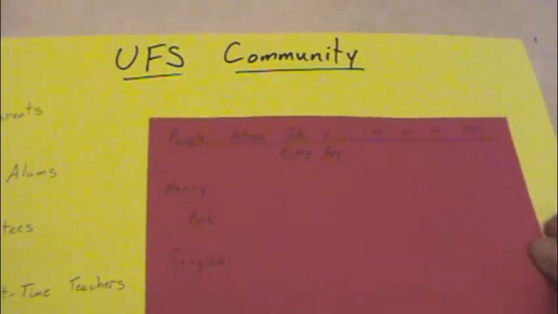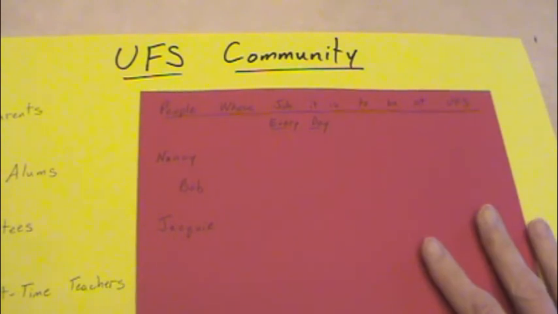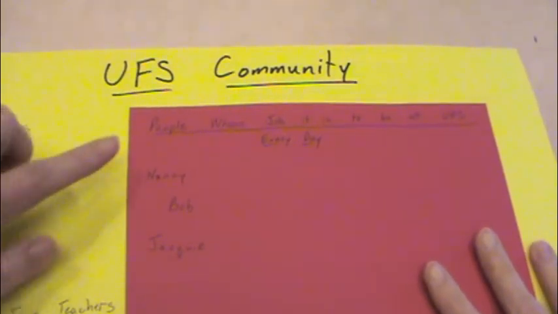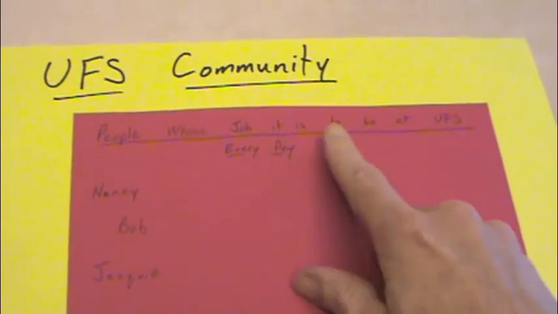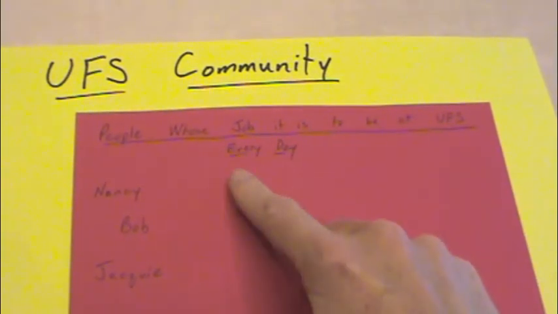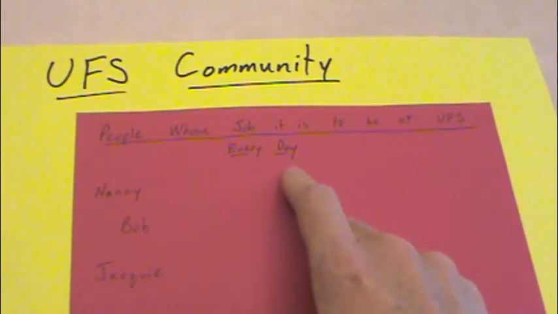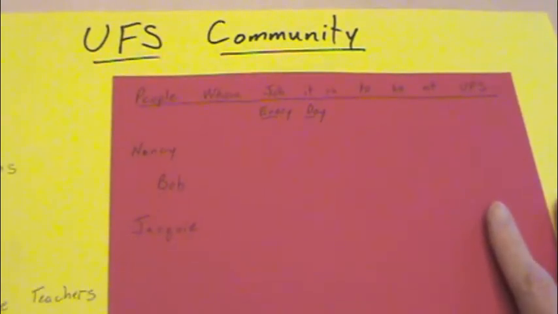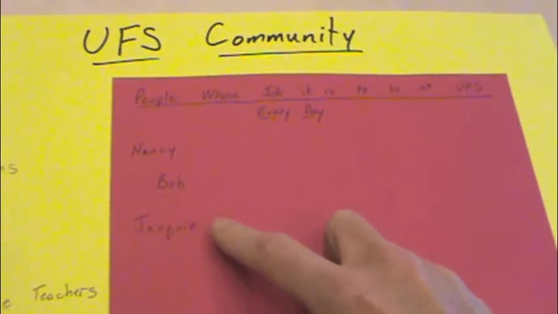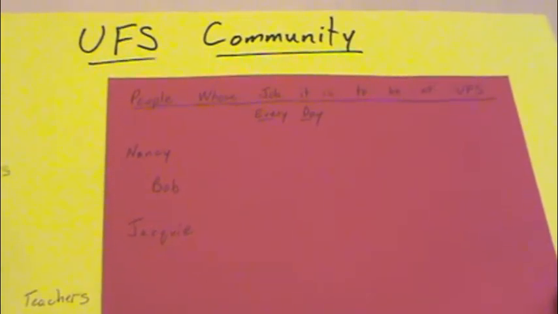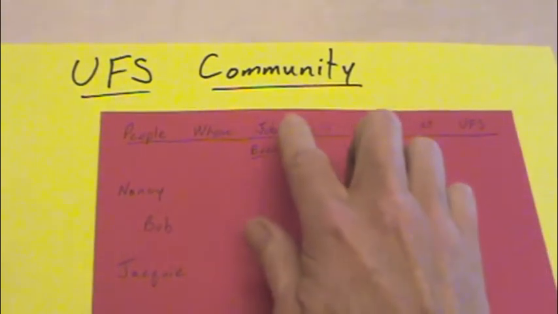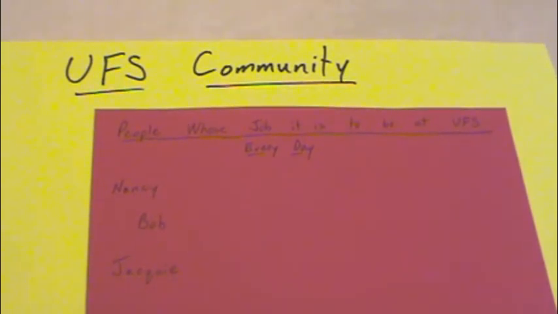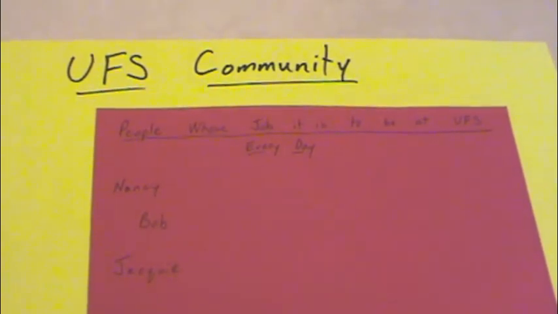Let's check out this group of people who are part of the community. This says, people whose job it is to be at UFS every day. Who's in that group? Well, Nancy, Bob, Jackie, our office manager. They're part of the community. They're at school every day, but we still don't really have everybody, do we?